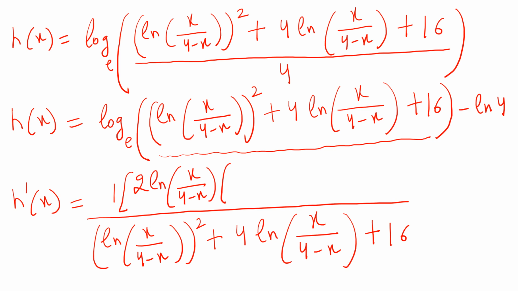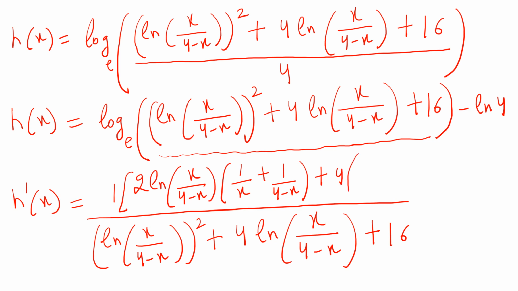Now we have to differentiate log natural of x upon (4 minus x) with respect to x. Now log natural of x upon (4 minus x) can be written as log natural x minus log natural (4 minus x). So its derivative will be 1 upon x plus 1 upon (4 minus x). Bracket closed. Then we have plus 4 into.